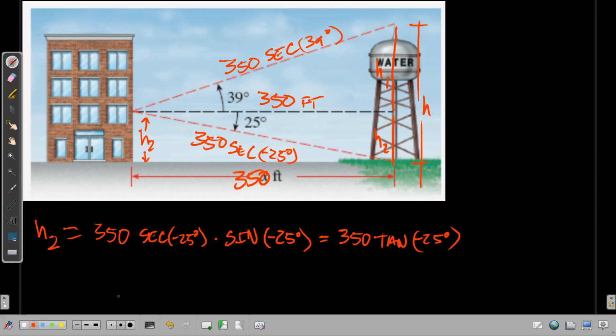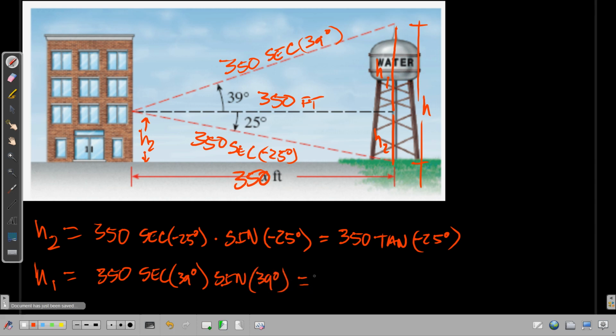Bang. So there, I can get H2. It's that number, whatever number that is. Then H1 would be 350 secant 39 degrees, that's the radius, and then sine 39 degrees.